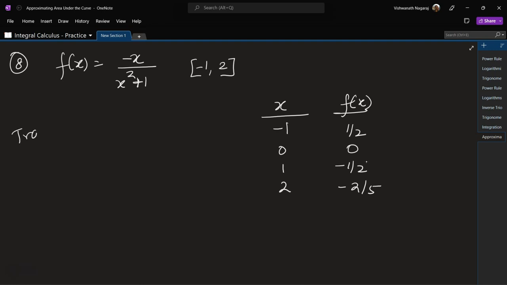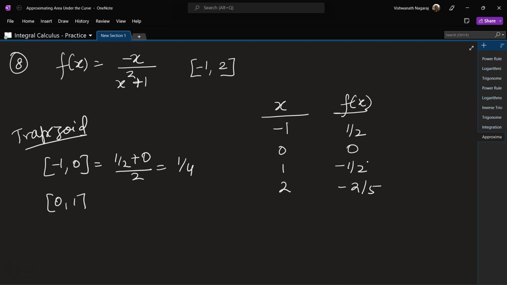Okay, again we will use trapezoid method. In the interval minus 1 to 0, we get half plus 0 by 2, which gives us 1 by 4. And from 0 to 1, it gives us 0 plus minus half by 2, which gives us minus half by 2, which is minus 1 by 4.